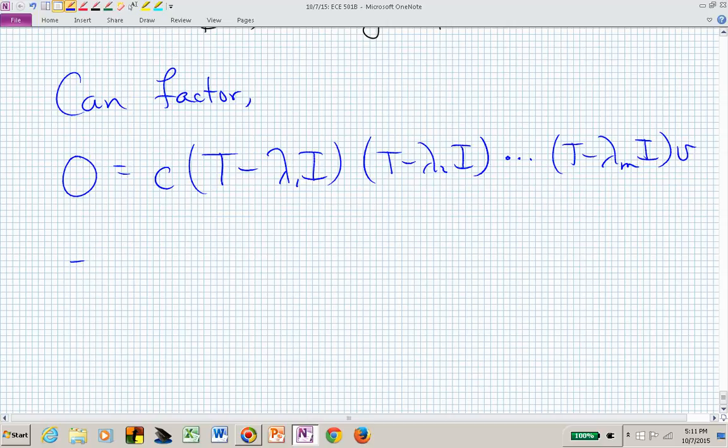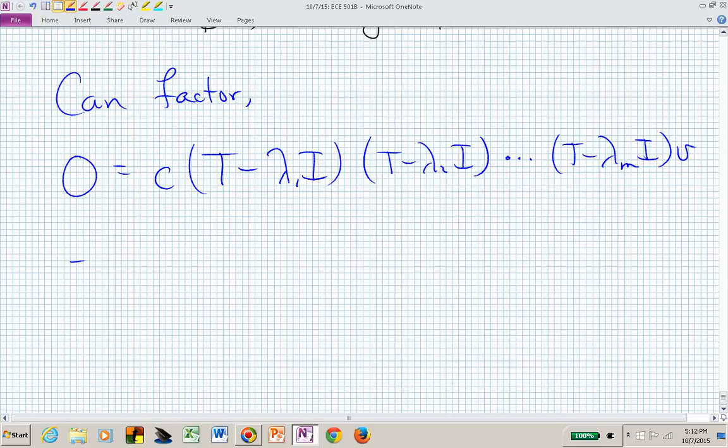And what happens when we have a map operating on a vector that goes to the 0 vector? If I take a vector and I operate on it with a linear map, and then that combination goes to the 0 vector, what can I say property-wise is true about that map?